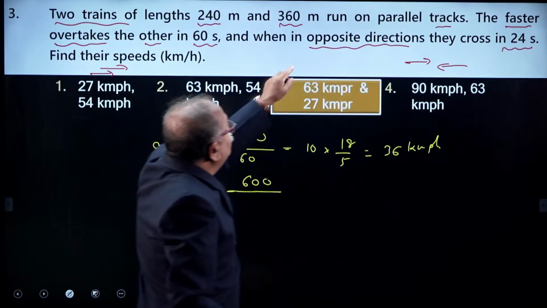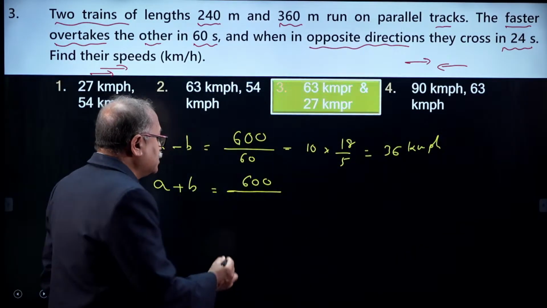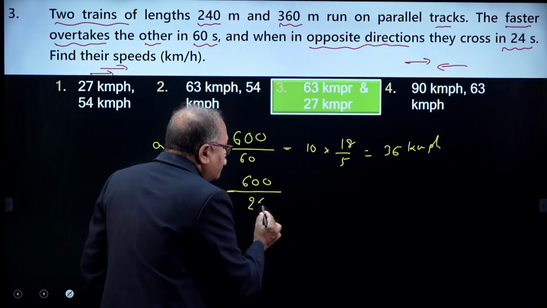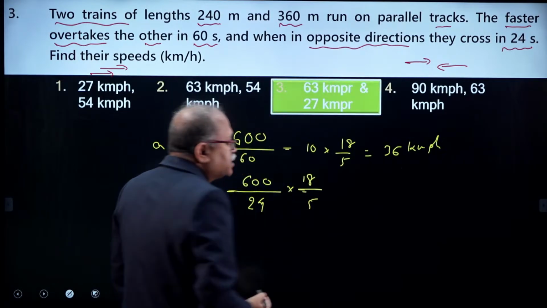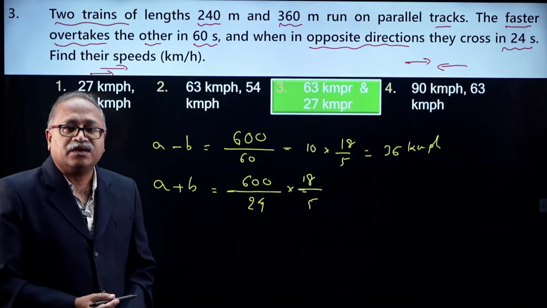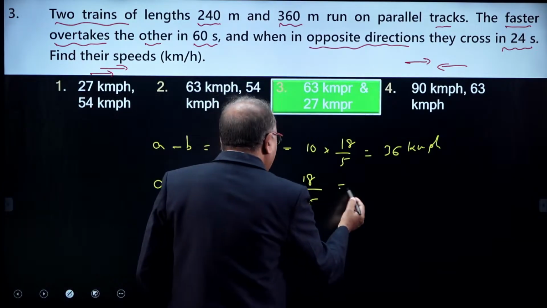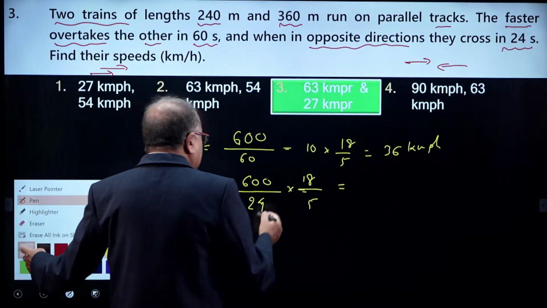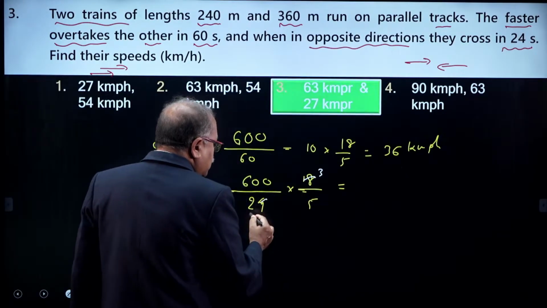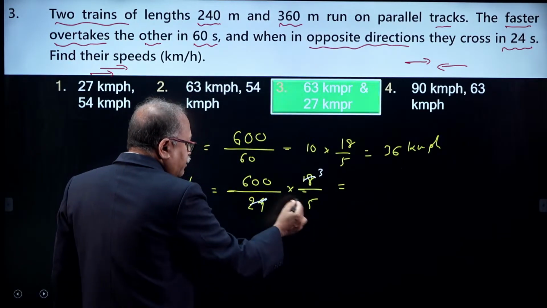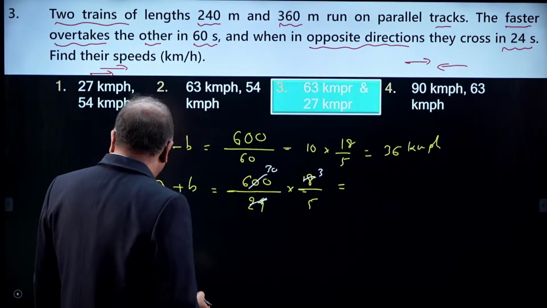So, the time to cross is 24 seconds when they are moving in opposite direction. So let's divide 600 by 24, and in order to convert this from meter per second into kilometer per hour, I will multiply by 18 by 5. So this number gets cancelled, 6 threes are 18, 6 fours are 24, and 4 fives are 20, this is 30, and that comes to 90.